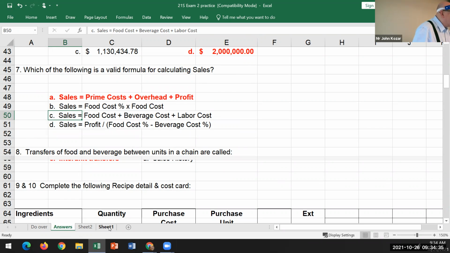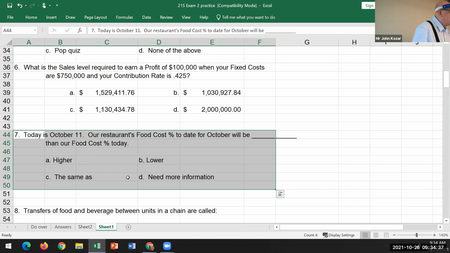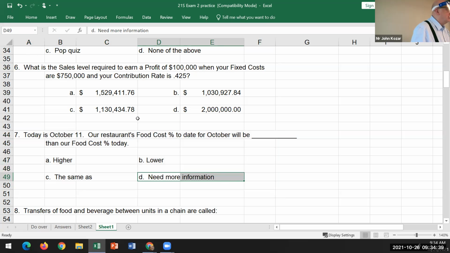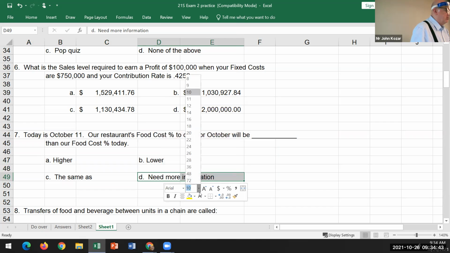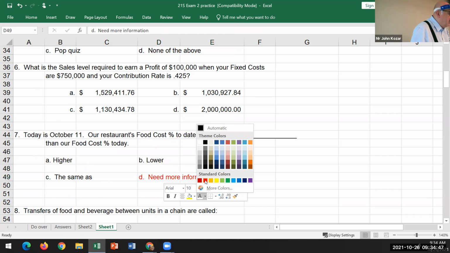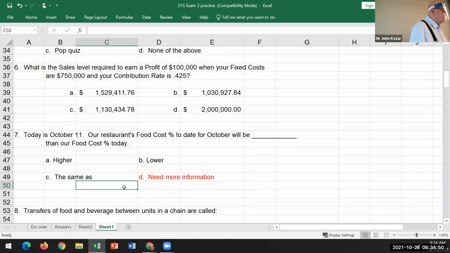Okay, so you're asking the answer to this one, and it's you need more information because you would need to know your food cost percent today.